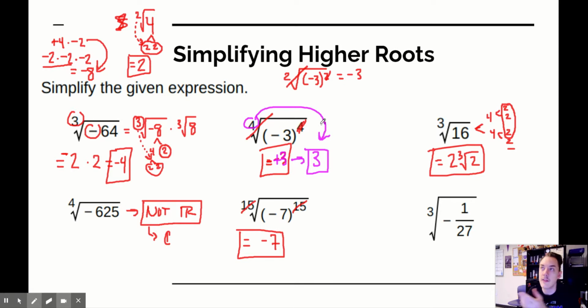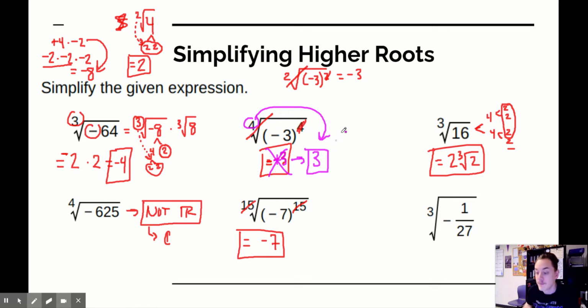If you take -3 times -3 times -3 times -3, four times, you will get +3. You won't get -3. So my bad, I'm sorry. But here you can take -7 times -7 and so on, all the way till 15 times, and you'll still get -7 out. Rookie mistake. I caught it though.